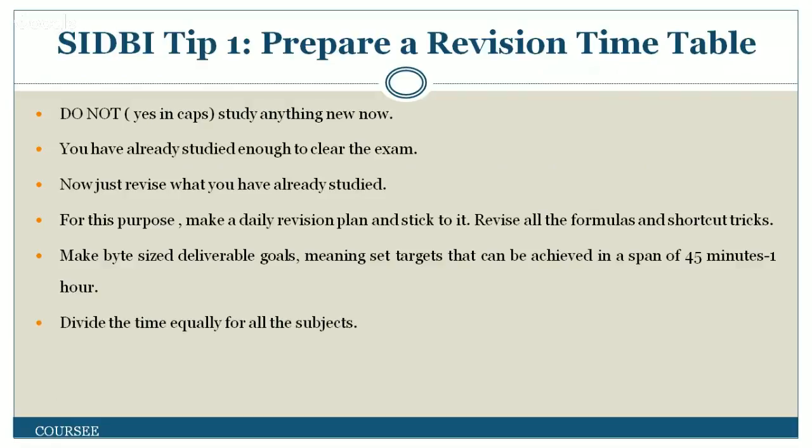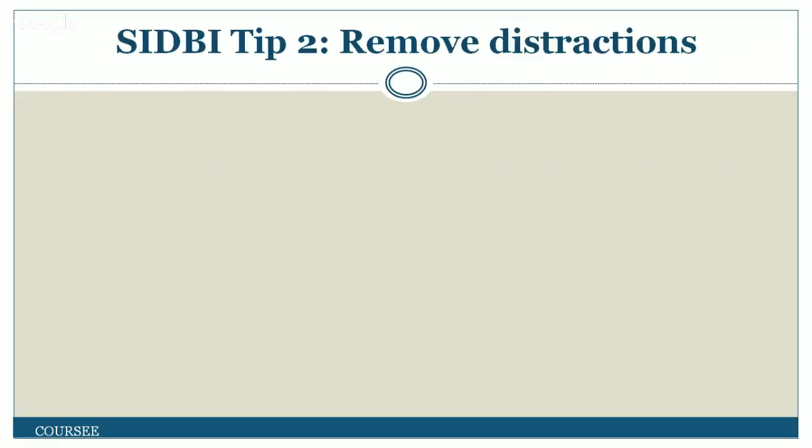Divide the time equally for all the subjects. Focus on phase 1 now. Do not get bogged down with the to-do list for phase 2. Then we see the second tip, remove distractions.